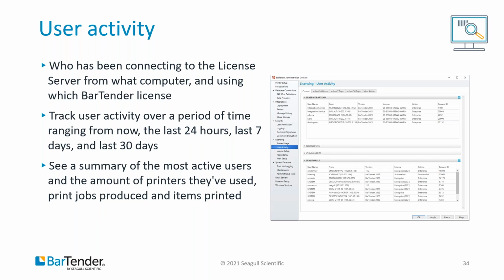We can track that user activity ranging from now, so the current users who are currently connected and actively using BarTender, but also those users recorded in the last 24 hours, in the last 7 days, in the last 30 days, and also a summary of the most active users of all time.